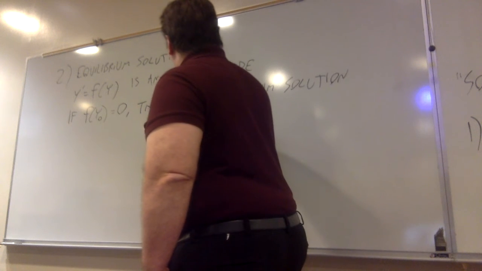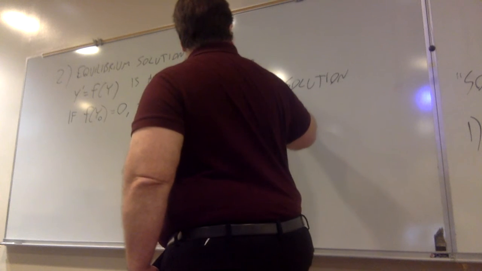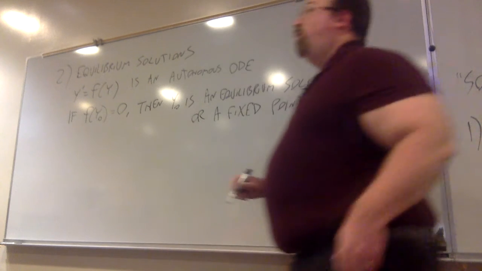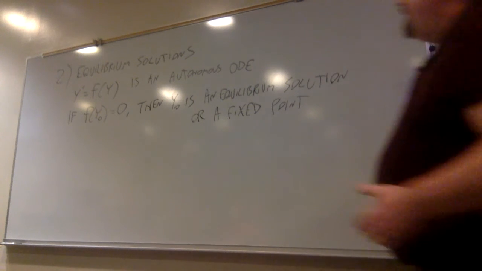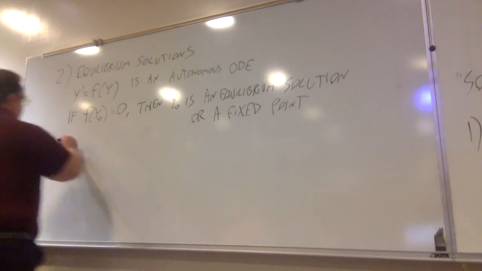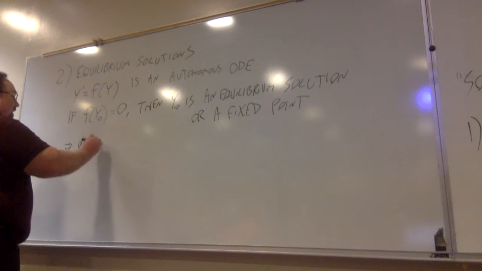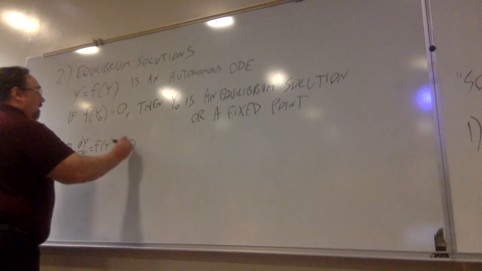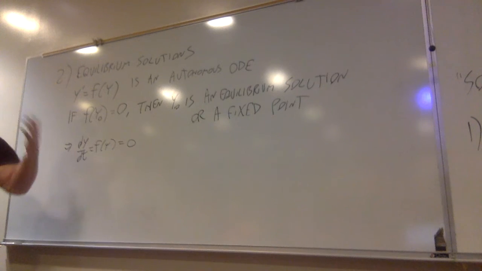Another term for it, a fixed point or a stationary point. And the reason why is when this happens, the time derivative becomes 0. So if its derivative is 0, that means the solution is a constant.